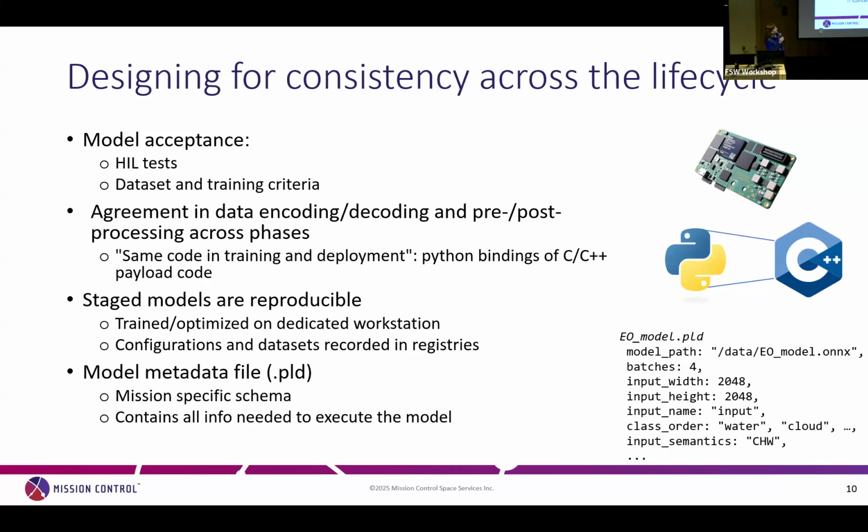One I wanted to shout out here that I've really been enjoying is that we've started using Python bindings of the processing utilities in our payload code. We expose bindings of the payload code directly to be used in that core development block while we're training the models.